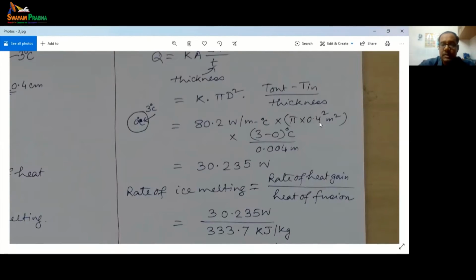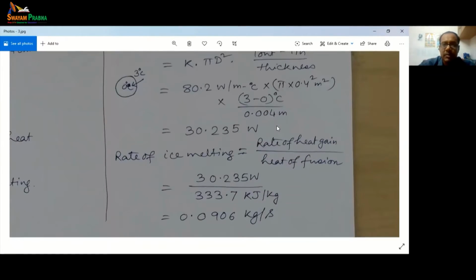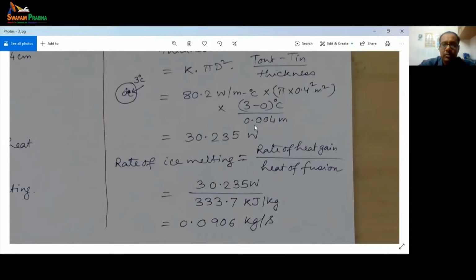So 40 centimeter turns out to be 0.4 meter, and this pi d square is 0.4 meter whole square. T out and T in are 3 degrees centigrade and 0 degrees centigrade. The thickness also we have converted into meter from centimeter, so 0.4 centimeter means 0.004 meter.